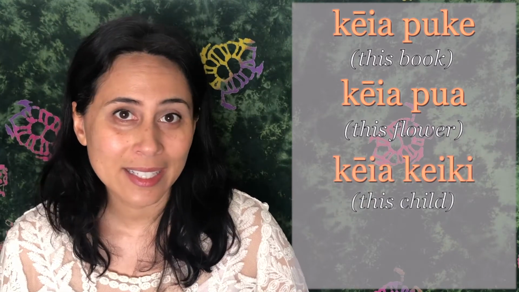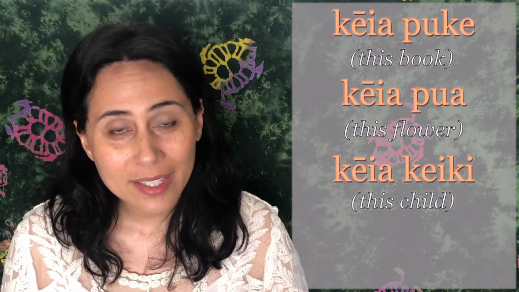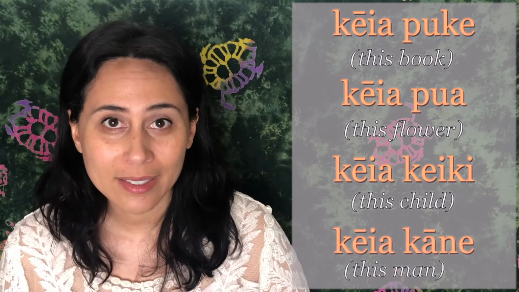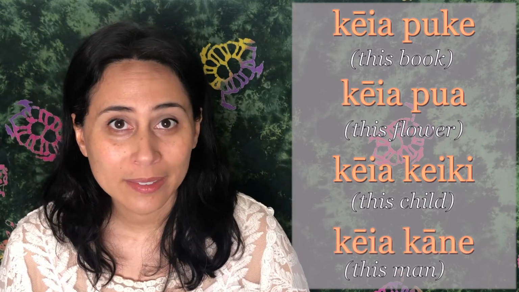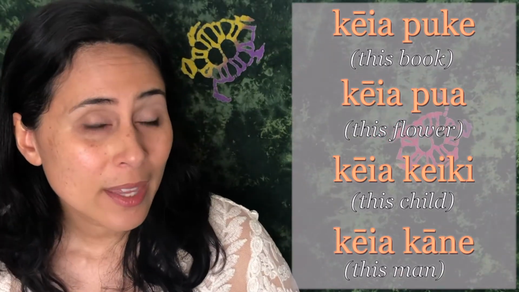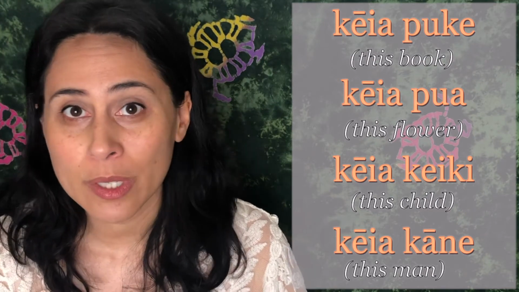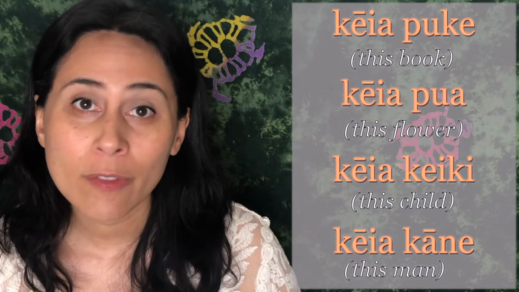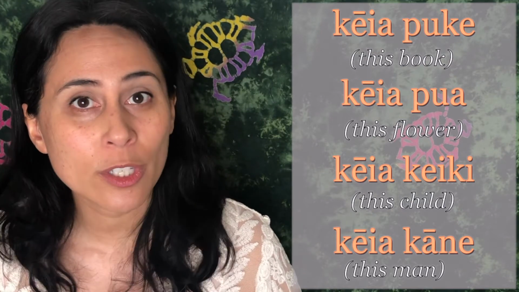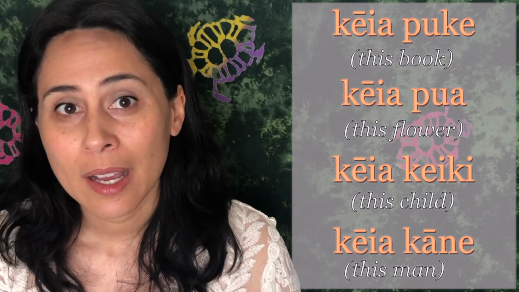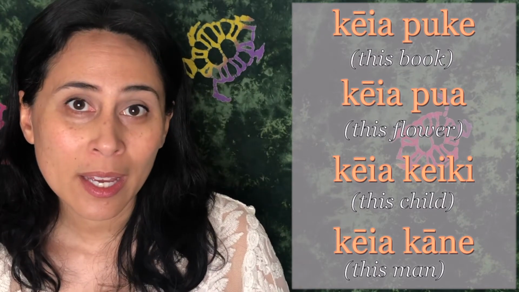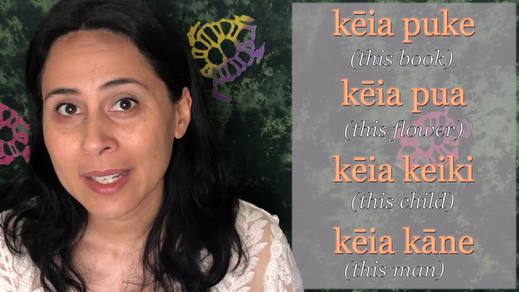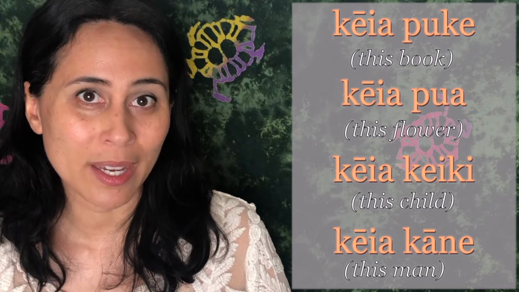Keia keiki, this child. Keia kane, this man. You'll note that it doesn't matter if the noun uses ka or ke for its definite article. For the demonstrative this, we'll just use keia. Ka puke, ke keiki, but just keia puke, keia keiki.